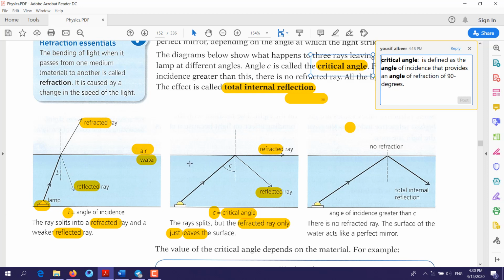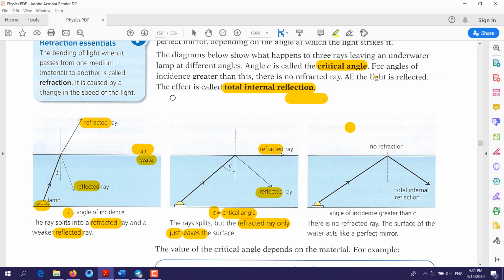This is the incidence ray, so it's the angle of the incidence ray that provides an angle of refraction of 90 degrees. Where is the refraction? This is the refraction here, but how much is it? It is 90 degrees with the normal.